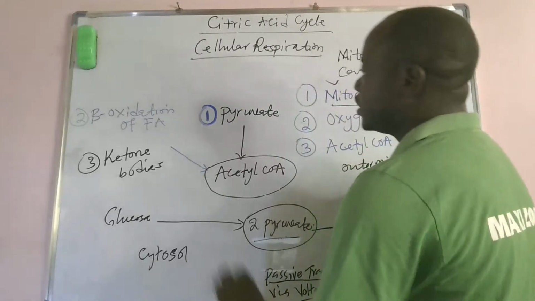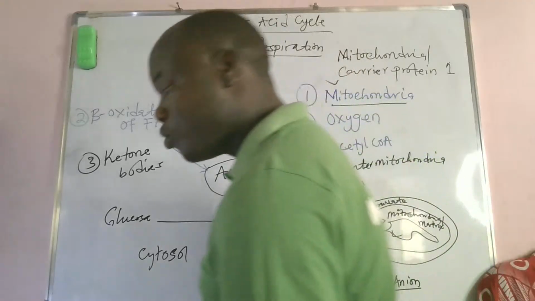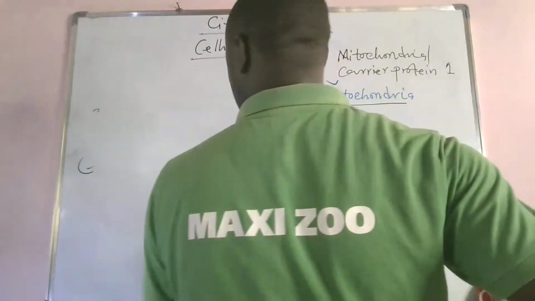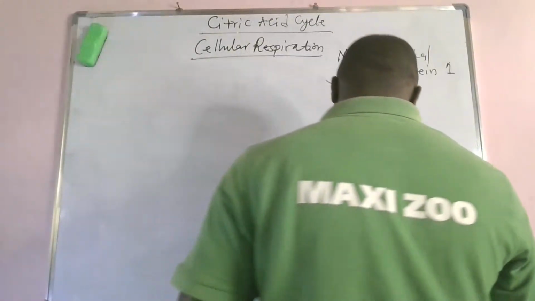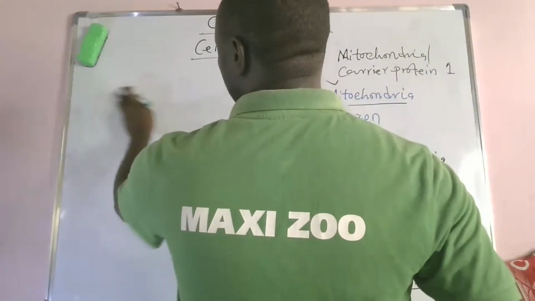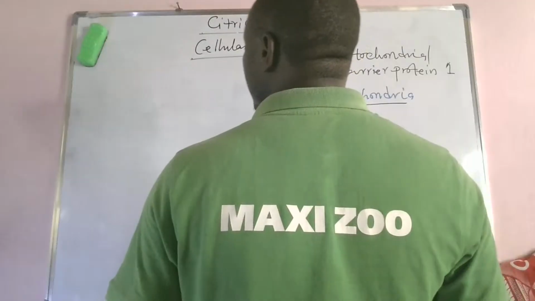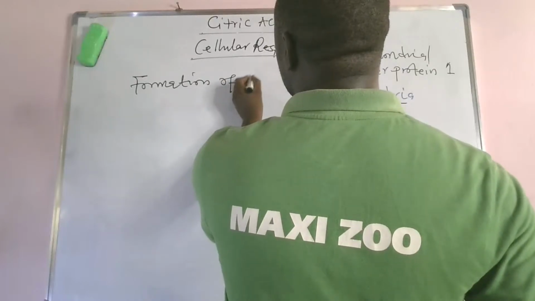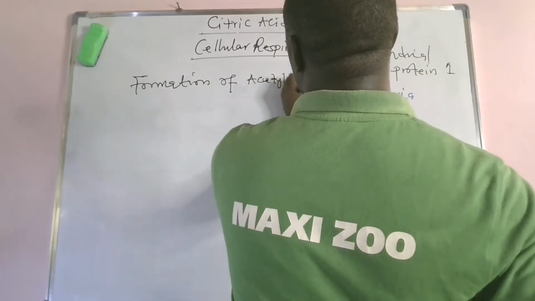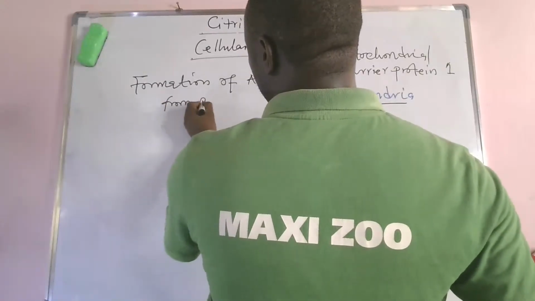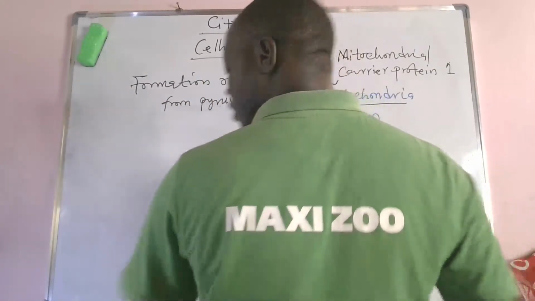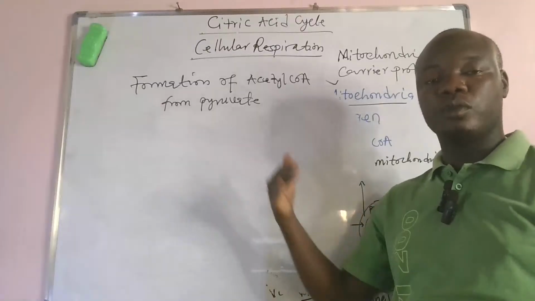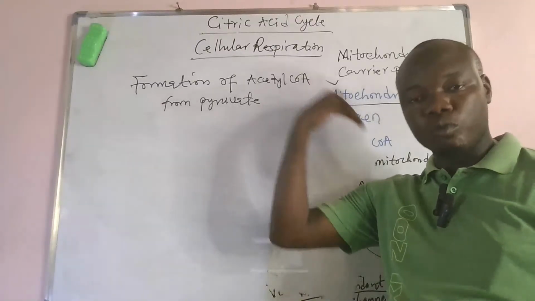Then the next thing is the formation of acetyl-CoA from pyruvate. So now you have your pyruvate in the mitochondrial matrix after all the transportation from the cytosol to the outer mitochondria, then to the mitochondrial matrix.